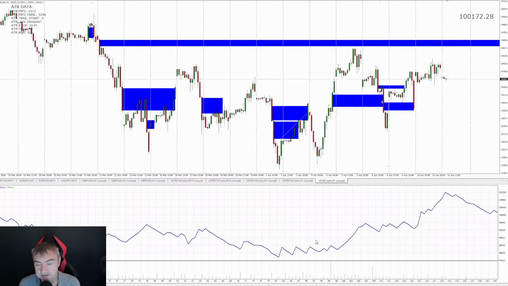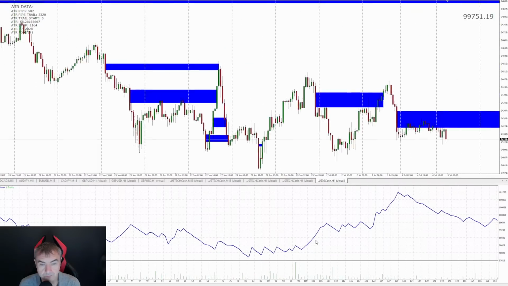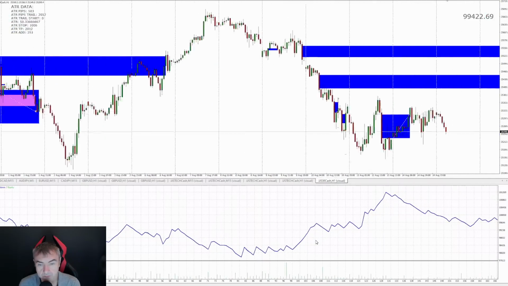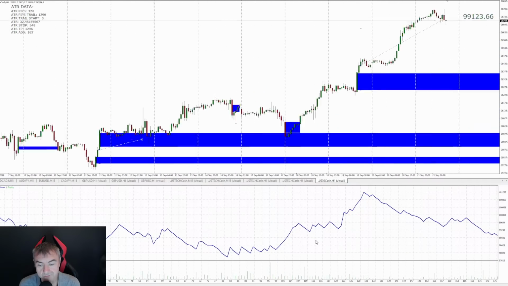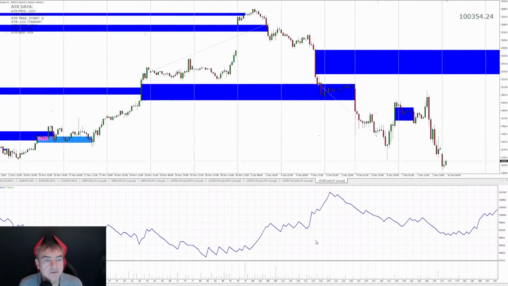So a little bit of a ropey start, recovered. Not quite as good. We'll see how it runs.